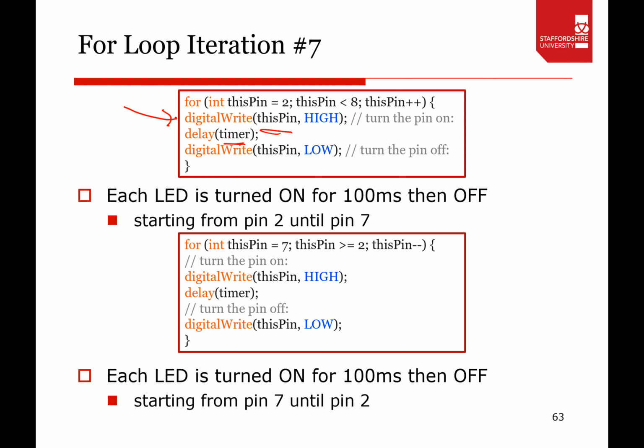So we go from pin 2, set it high for a time, and then make it low. That's pin 2, go around the loop, pin 3 high, then low, round the loop all the way to pin 7. Each LED is turned on for 100 milliseconds and then off, starting from pin 2 until pin 7.